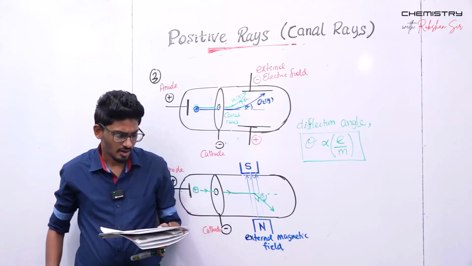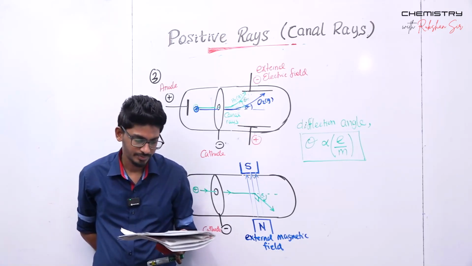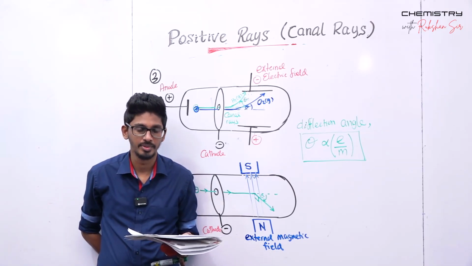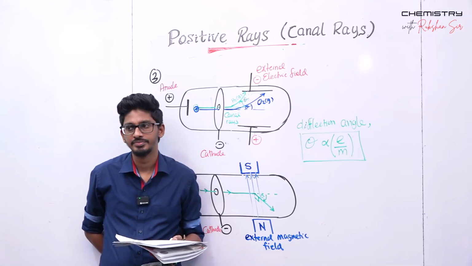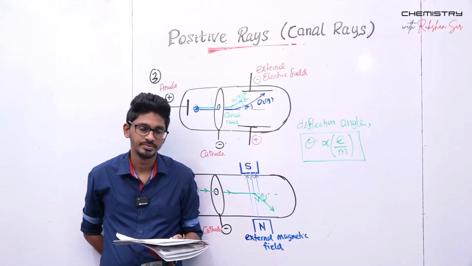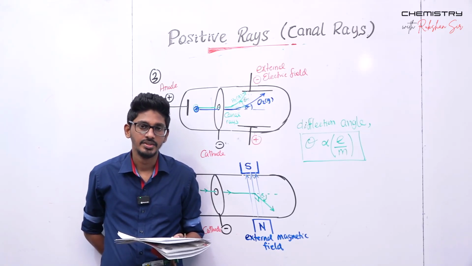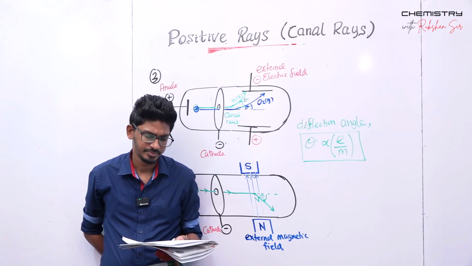Just write number 4, the fourth property of positive rays: the nature of positive rays.